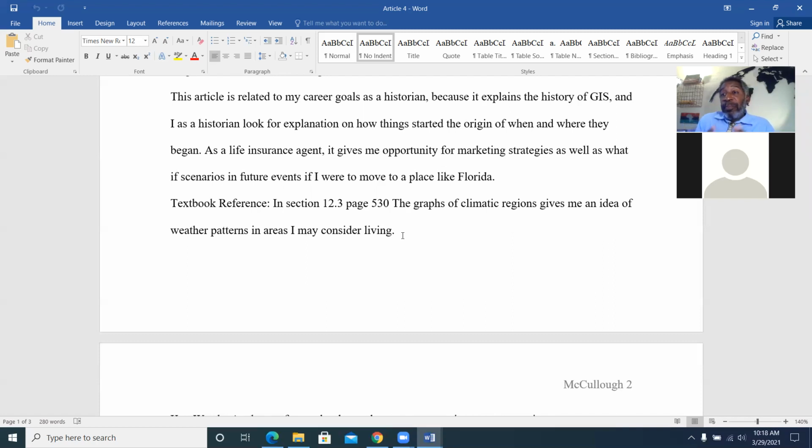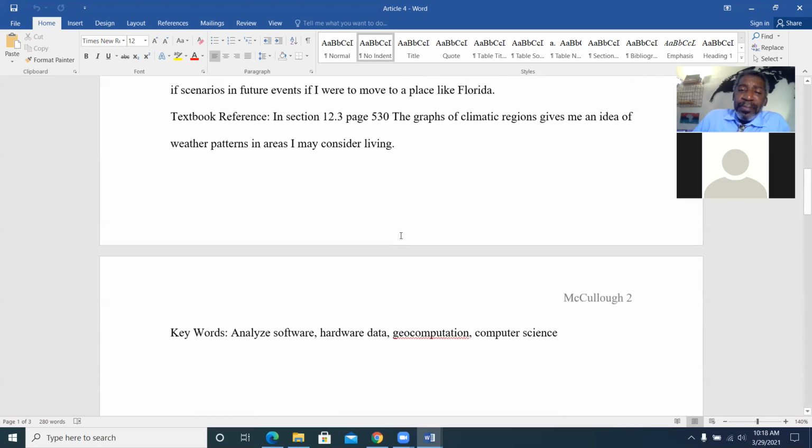And there's a big section in chapter 2. So if you find any article that is related to GIS, there's a big section of chapter 2 that you can reference, I think chapter 1 or 2. There's a lengthy discussion of GIS in the textbook. That would be a better reference source.